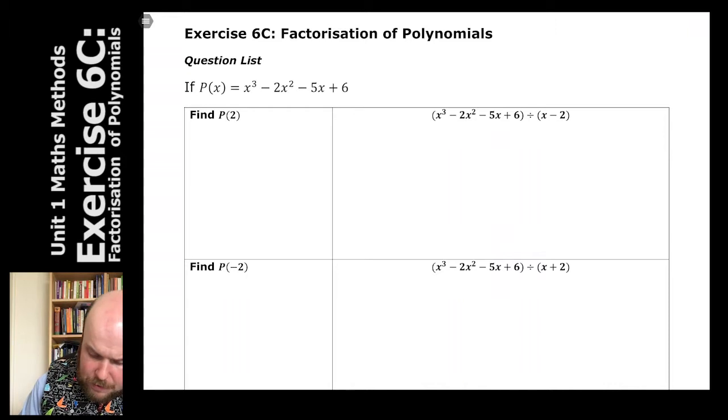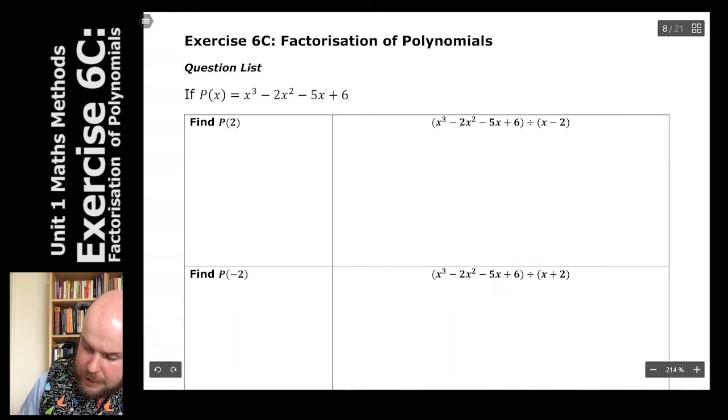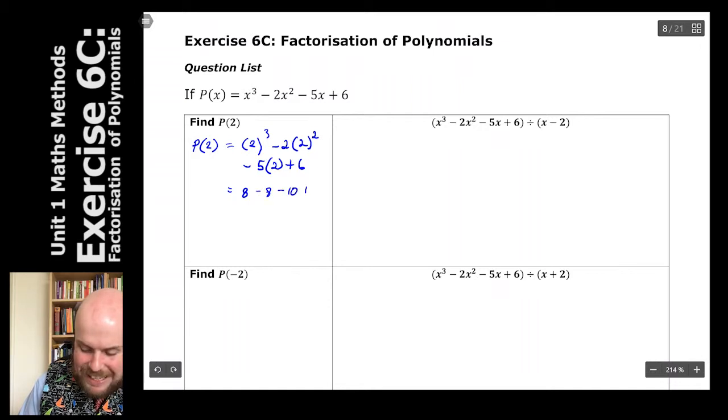As we remember, that means I just need to replace every x with the number 2. So this is 2 cubed minus 2 squared minus 5 times 2 plus 6. And that will all end up nicely as 8 minus 10 plus 6, which equals negative 4.